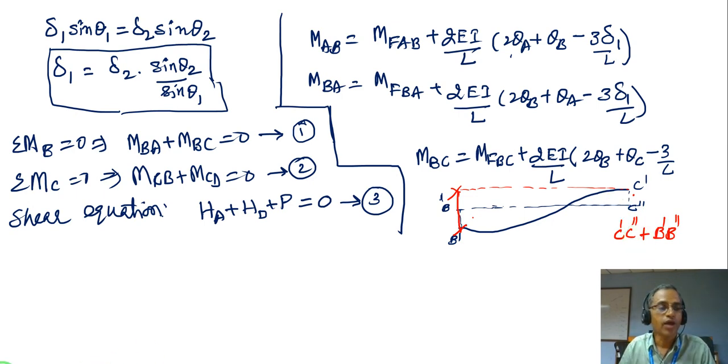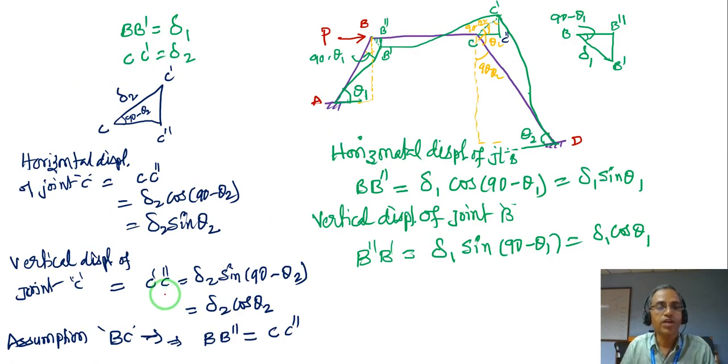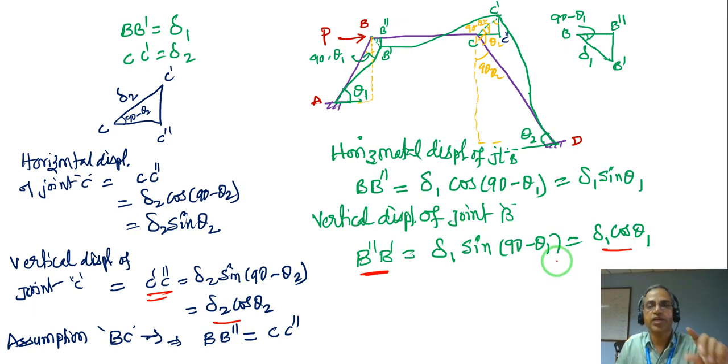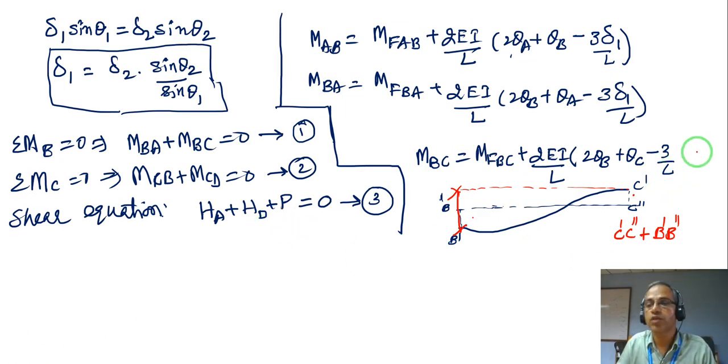That is why I have worked out the total vertical displacement of joint C and joint B. The sum of this becomes the total displacement in member BC vertically. That is the delta. Please remember this. So this will be delta 1 cos theta 1 plus delta 2 cos theta 2. This is very important.